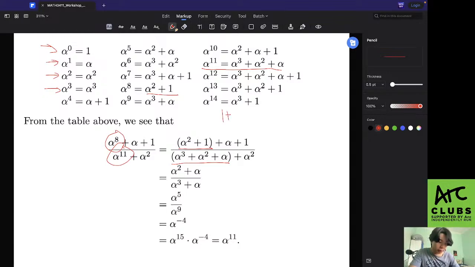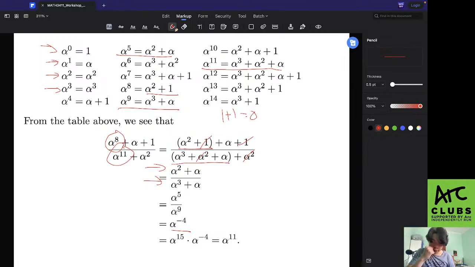We know that since 1 plus 1 is equal to 0 in mod 2, these cancel and these 1s cancel. And now we get 2 more expressions. We can actually use the table again, where we know that the top is just alpha to the 5, the bottom is just alpha to the 9, and we get alpha to the minus 4.